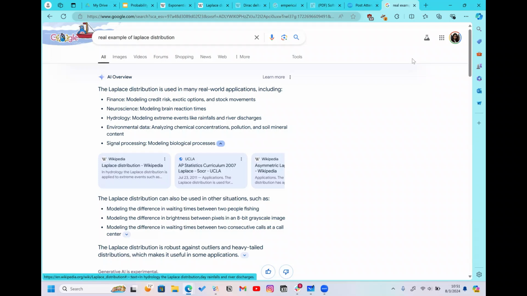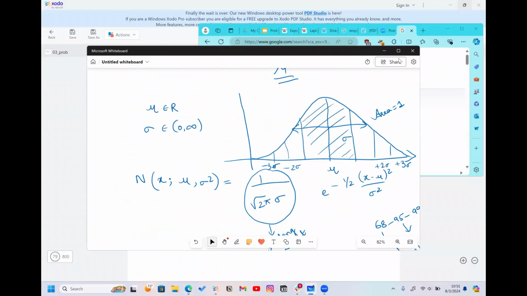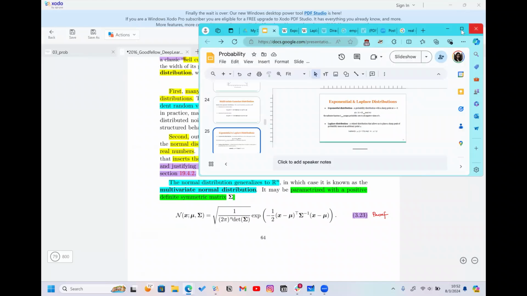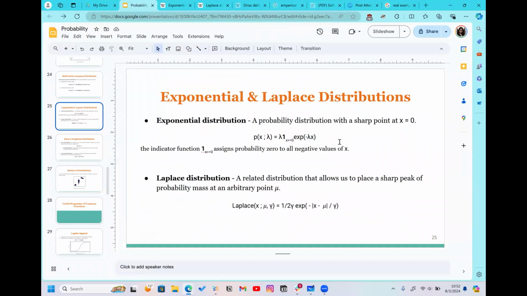I think it's similar to ReLU as well. ReLU is a continuous function, but not differentiable at zero. So we just consider that as zero. Yeah, I was talking about ReLU only.